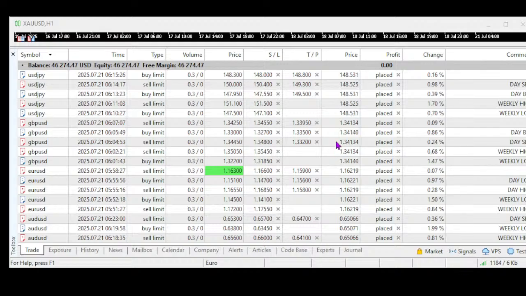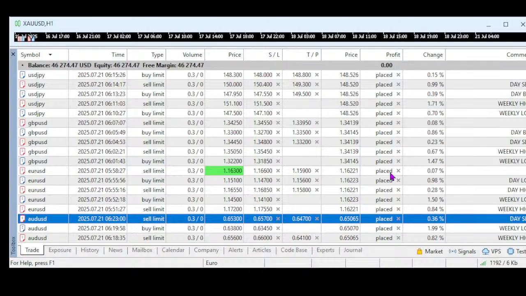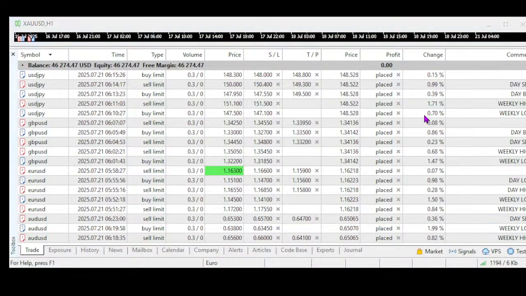Then stop 63.80 and 64.60 as the TP. Maybe we'll try to put 10 pips. Okay, we'll lower a bit, 10 pips.